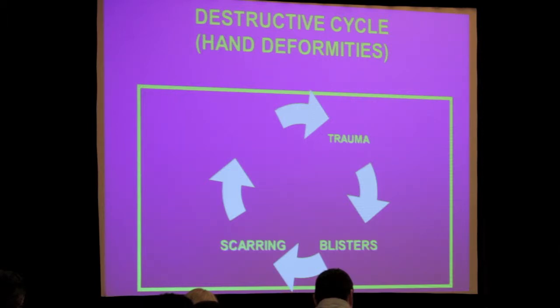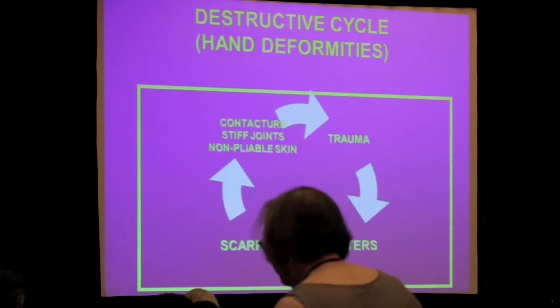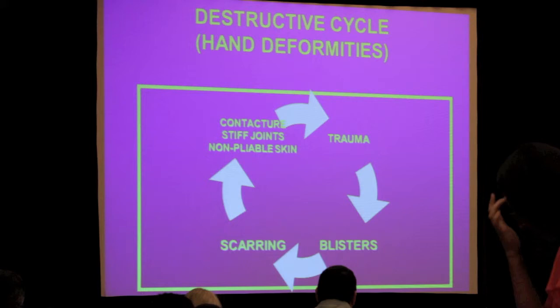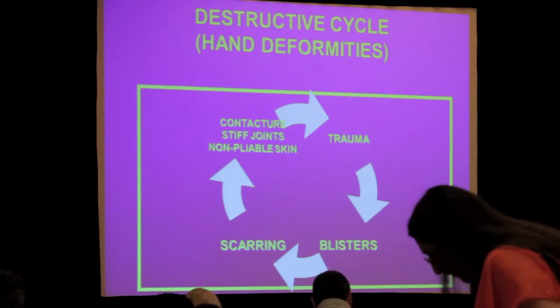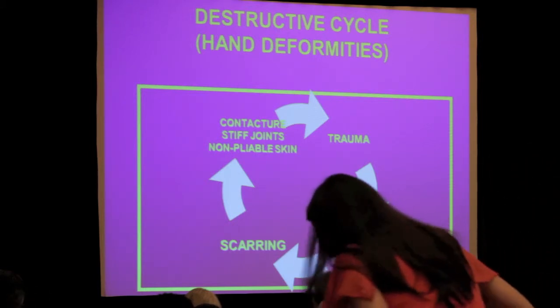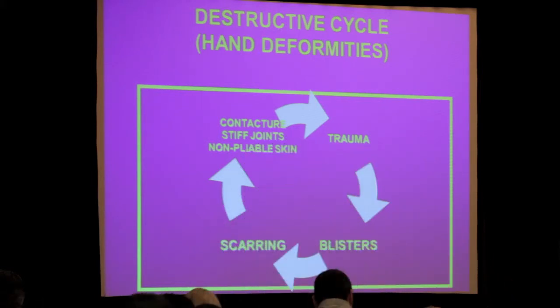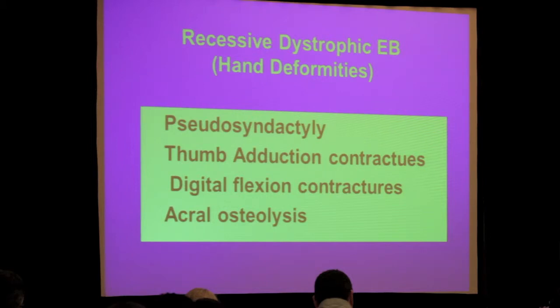The blistering leads to scar formation, and the scar formation ultimately, because of repeated episodes, results in contractures or bending of the fingers and thumb, stiff joints, and skin which is very non-pliable or mobile as compared to a normal person's skin.